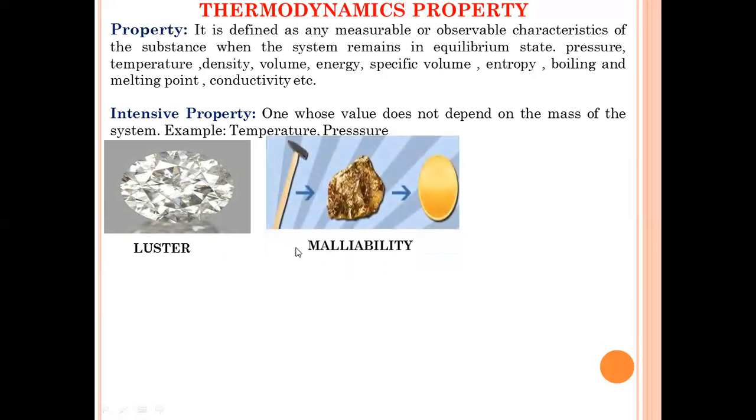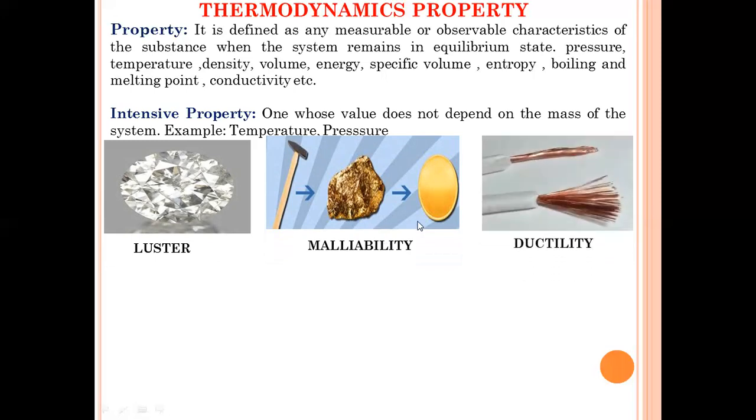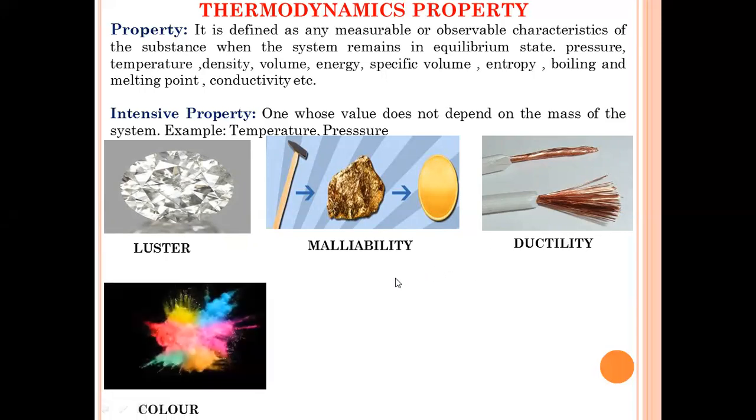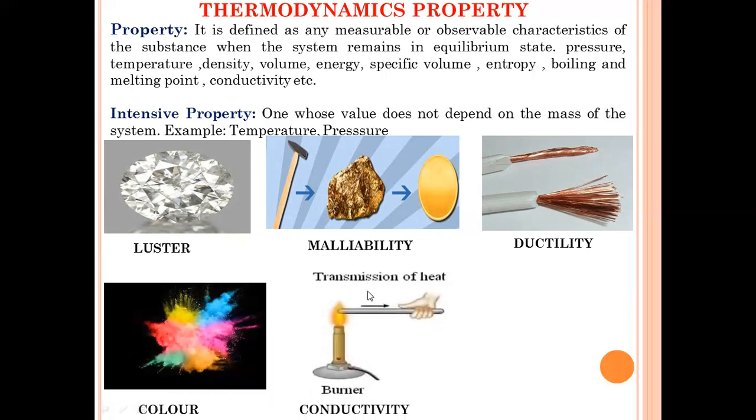Another property is malleability. The property of a material to be drawn into sheets does not depend upon the mass. Ductility: the property of a material to be drawn into wire is called ductility. Again, this does not depend upon the mass. Color does not depend upon the mass.